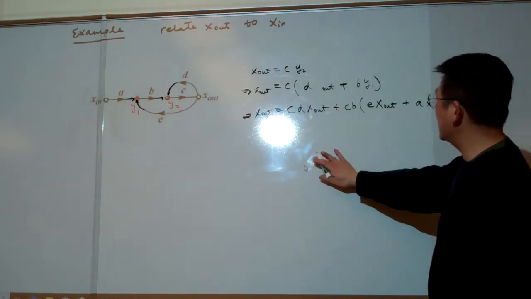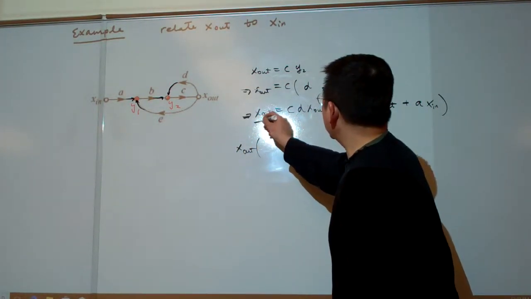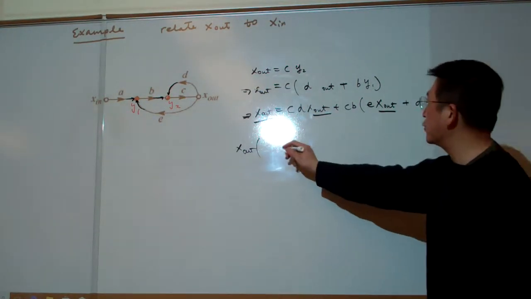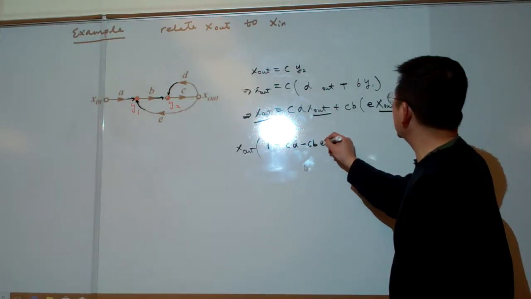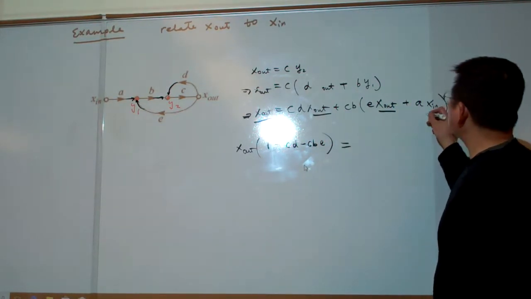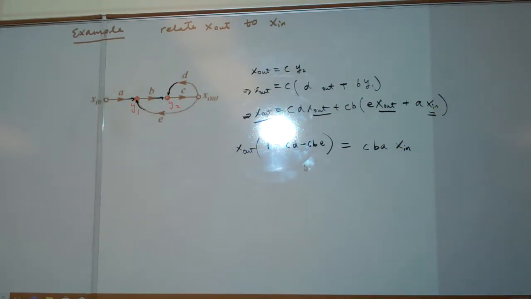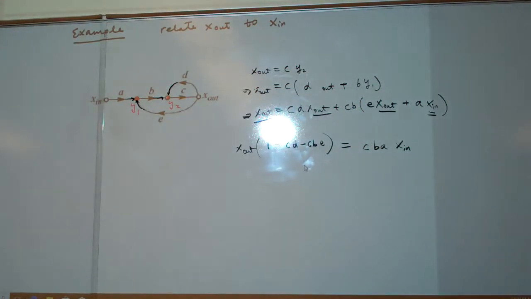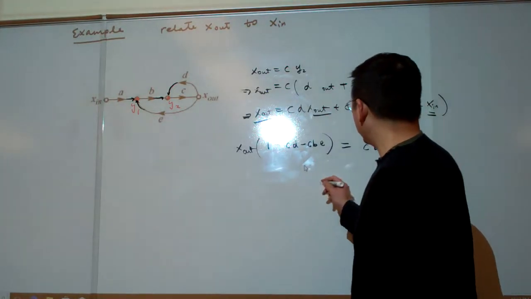So from here we can simplify things. Therefore, here we have X out terms. I simply group the things together. So that will be 1 minus CD minus CBE times X out will be equal to CBA times X in. Good? So from here you should be able to find the transfer function.